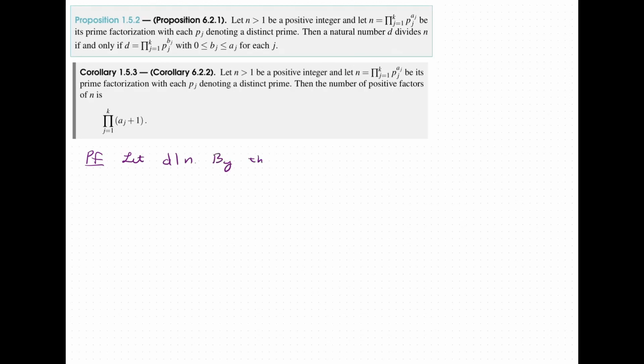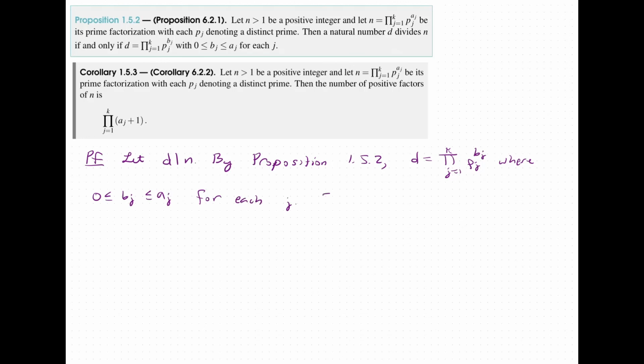By the proposition, and so what I'm calling proposition 1.5.2, d is equal to the product from 1 through k of p sub j to the v sub j, where 0 is less than or equal to v sub j, less than or equal to a sub j for each j.